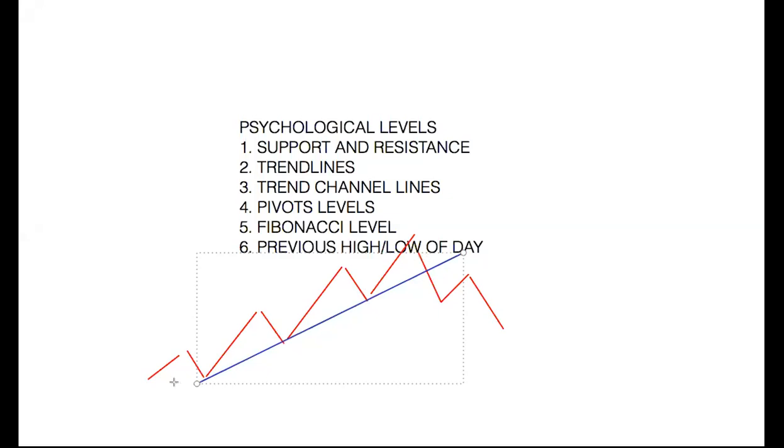Then if I try to draw another line on the other side of this uptrend right here, this second line is called a trend channel line. The one below is a trend line, the one above is a trend channel line.